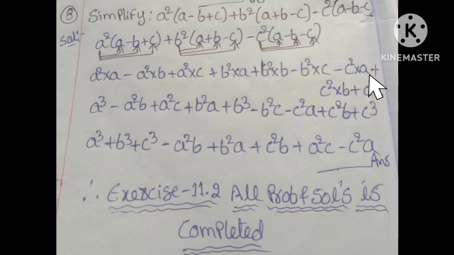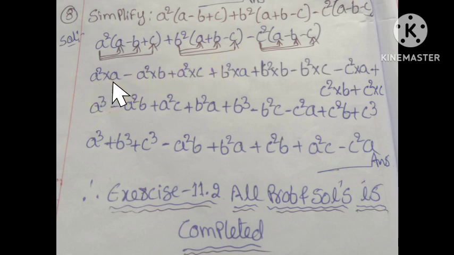Minus c square into a, minus into minus plus, so c square b, and plus c square into c. Next, a square into a: the bases are the same, so the exponents should be added, using the product law, a to the power m into a to the power n equals a to the power m plus n.